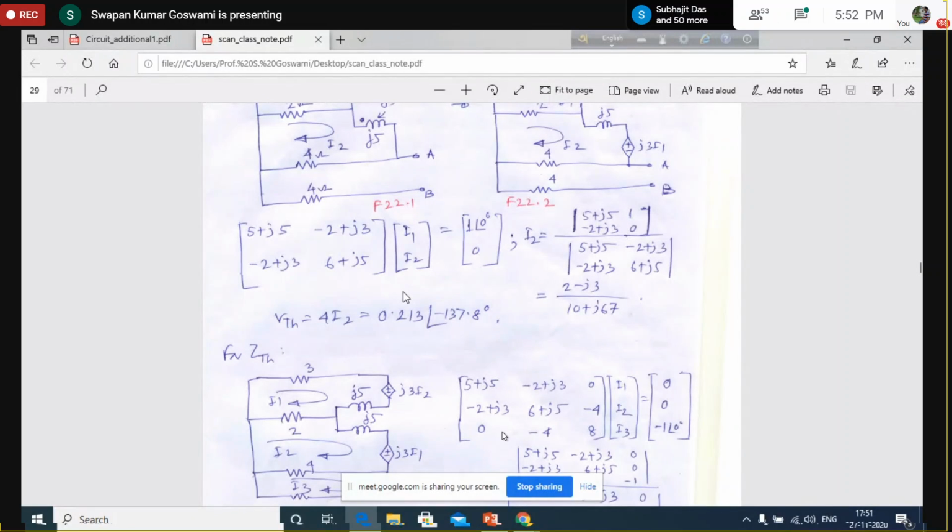Observe this feature here. Can you think of this?